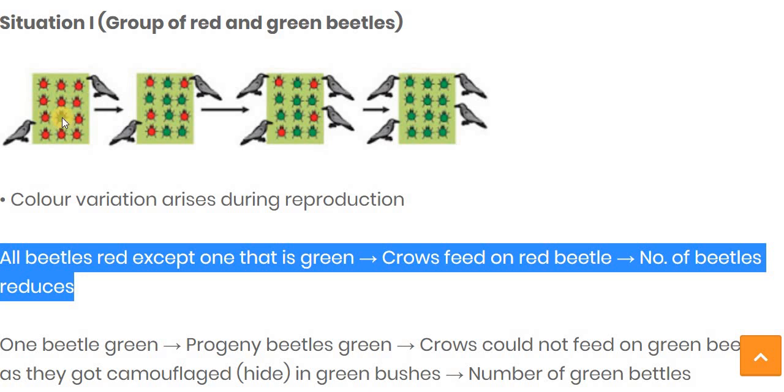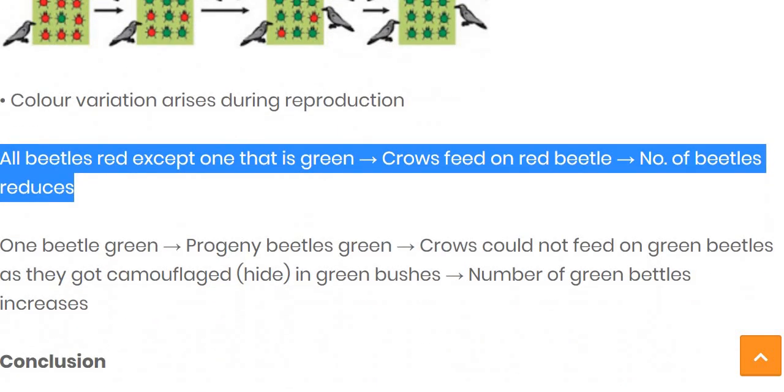Because it is not easy to see a green beetle on green leaves. That's why a drastic change occurs in color for survival. The one beetle which is green, its progeny also becomes green. So the crows could not feed on the green beetle.